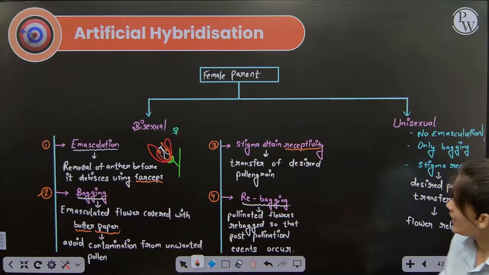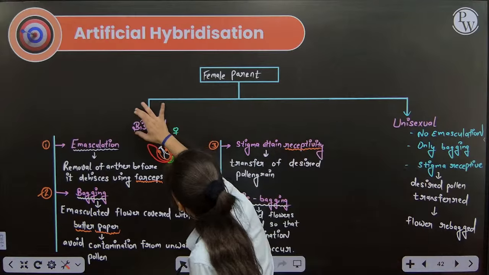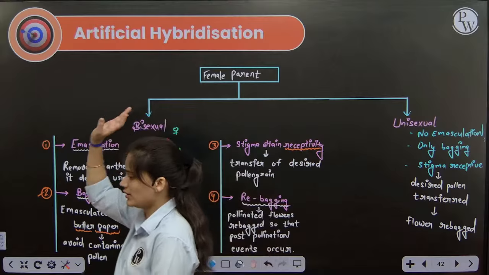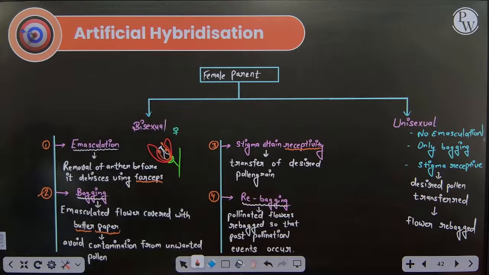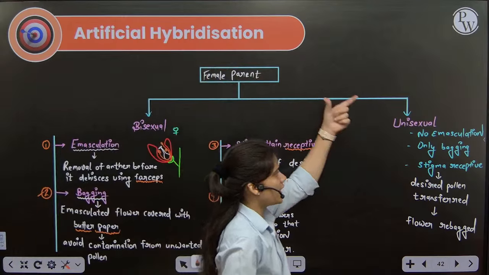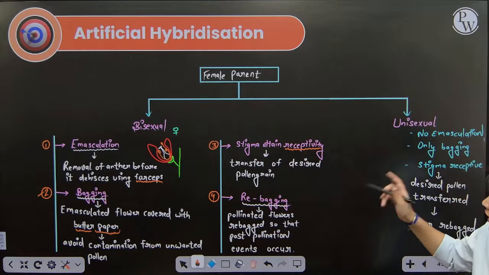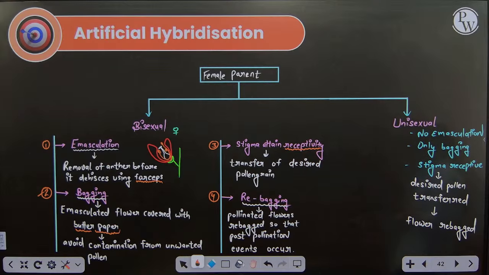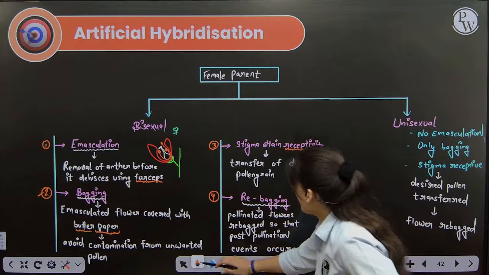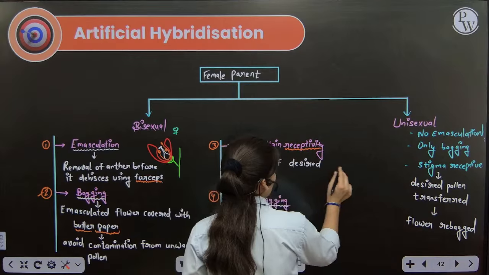This condition is about a female parent plant whose flower is bisexual. What if the female parent has a unisexual flower, where only the female reproductive part is there?